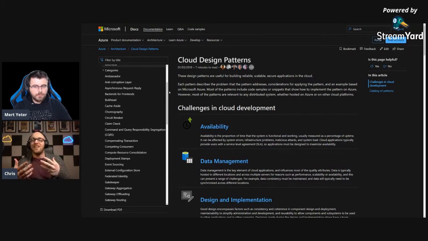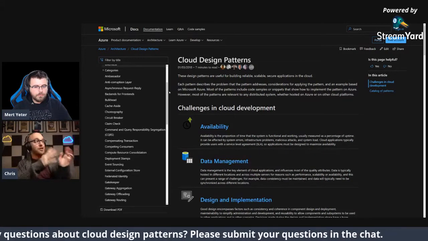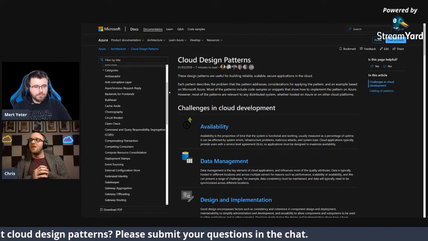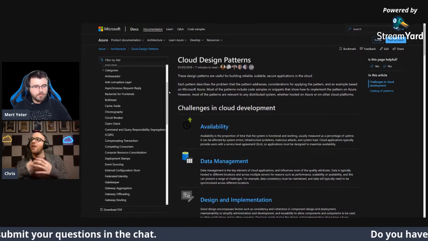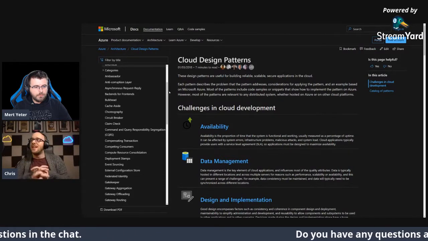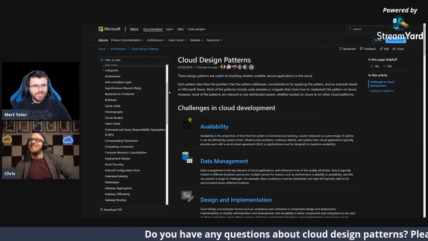It works well in theory, but in the real world, maybe it costs a lot of money, or it doesn't meet some design requirements that you have. So you always need to bring it back to those requirements. But I think there's something like 30 or 40 different patterns just here. And this isn't even looking at software patterns like retry and some of these other things that we might commonly think of in the cloud as well. So a lot of them there for sure.